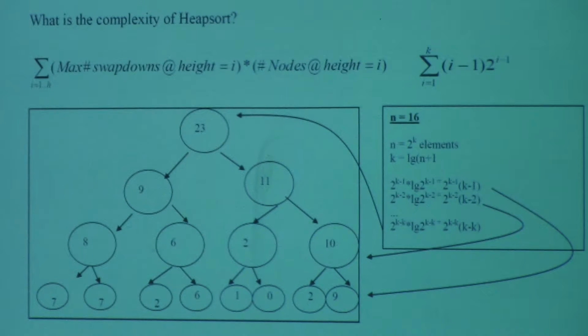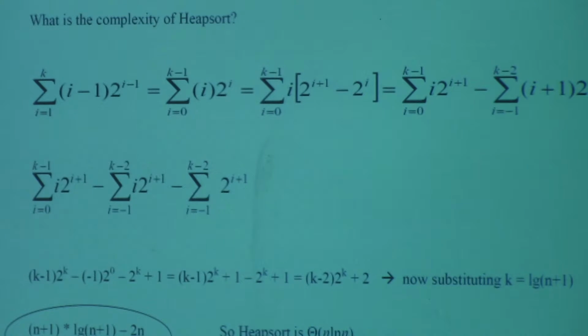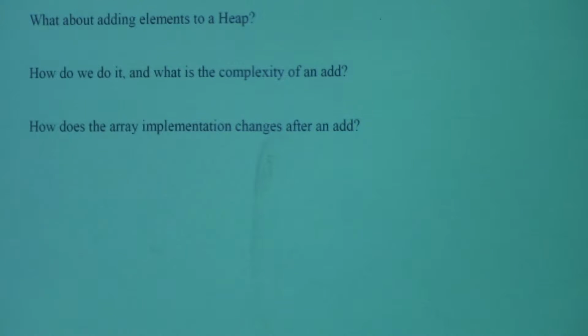So its worst case is logarithmic, because the worst case is going to go up to the root. That's the worst case. Okay. So we know that the complexity of an add is going to be log n.